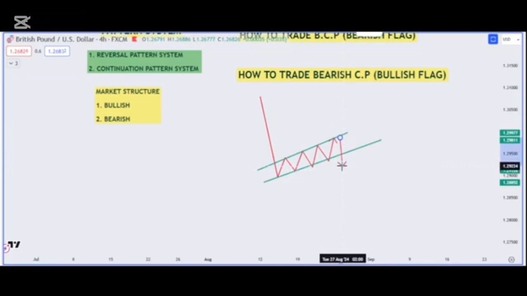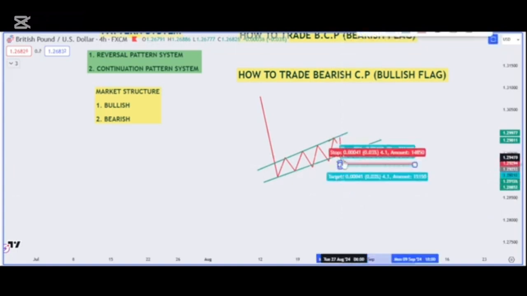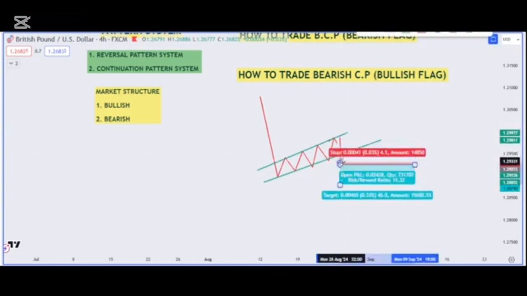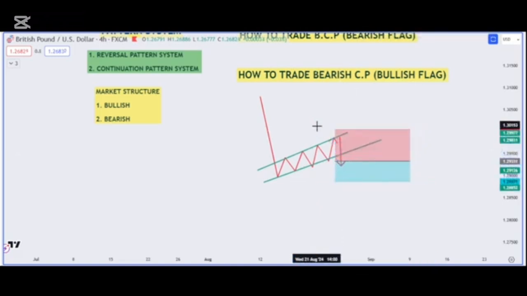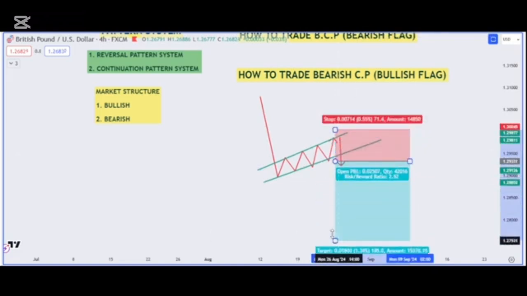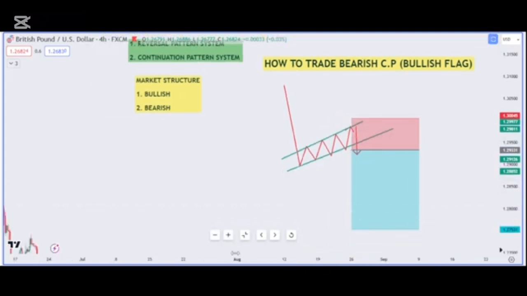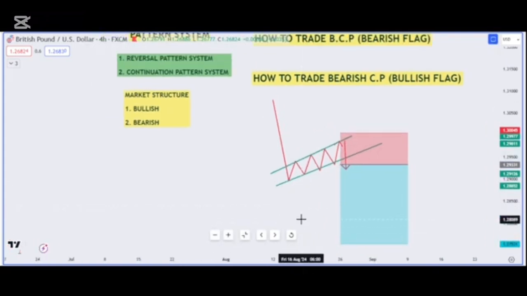Once you do that, execute immediately. When you execute, place your stop loss above here, then you target the next support level. That is how to trade bearish continuation pattern.